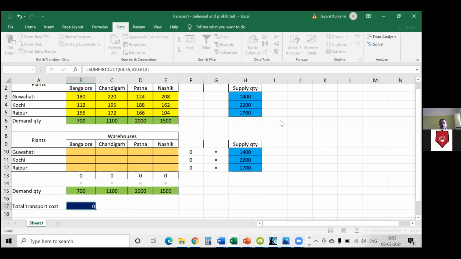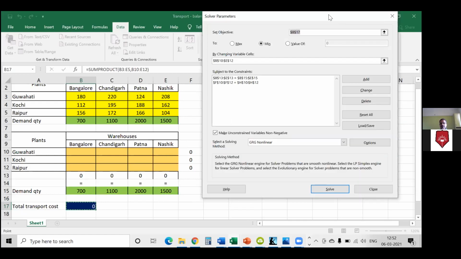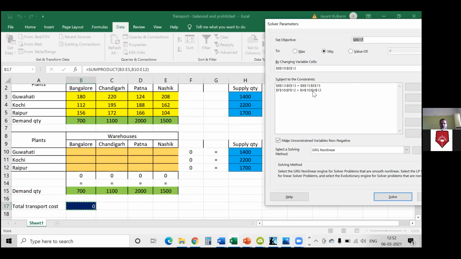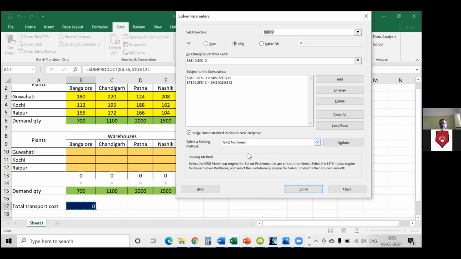I say OK, and now my Solver has both sets of constraints. The second constraint is the one on the supply side, and the first constraint is the one on the demand side. So all done. I need to select the solving method as Simplex LP, and it has been selected.